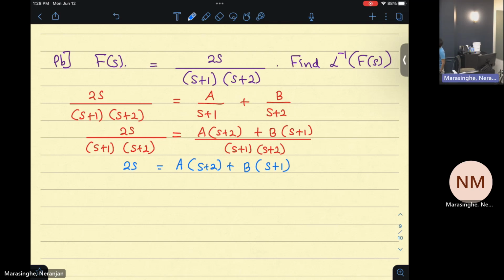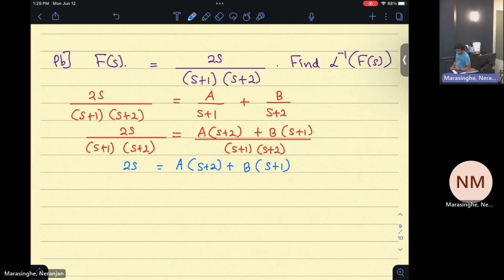This is true for odd multiples of pi over 2, for 2 pi plus pi over 2. So this is true for certain values of theta. That is the difference between identity and equation: an identity is true for any value of your variable, but an equation is true only for certain values.